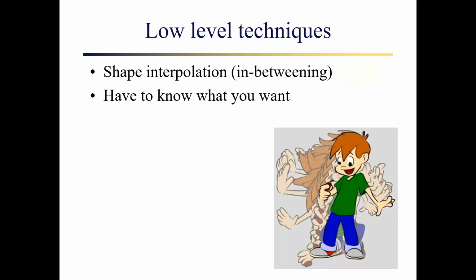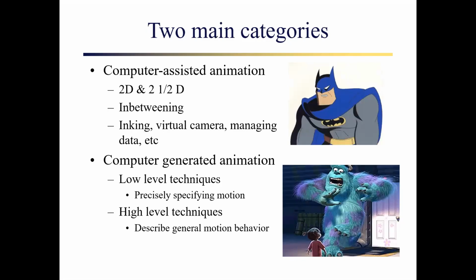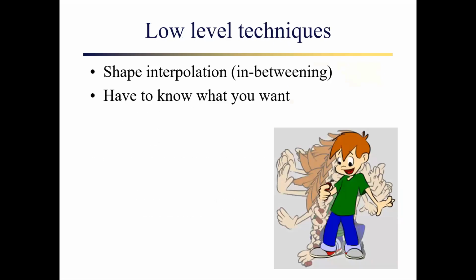So for the low-level techniques, balikan natin yung computer-generated animation. For our low-level techniques, we have the shape interpolation, yung tinatawag na in-betweening. Have to know what you want. So here, in low-level techniques, you are animating the motions of what you want your character to perform.